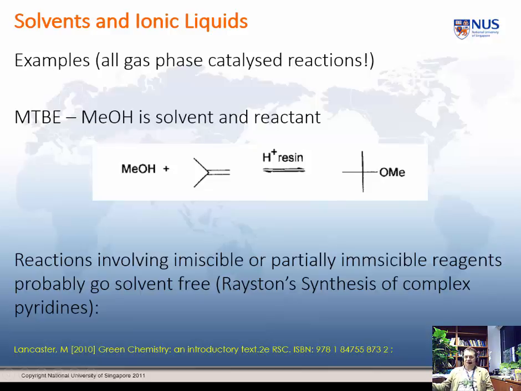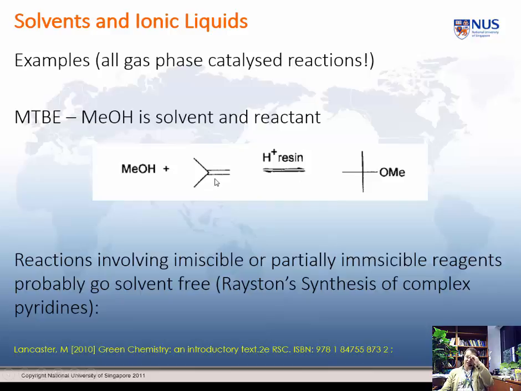Okay, so our first thing was having non-solvent type systems. Well, okay, here is one. Methyl tert butyl ether, major industrial solvent, used in a number of processes. You can make it all in the gas phase.